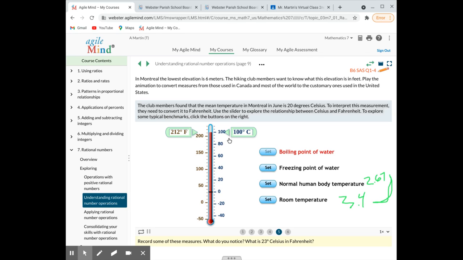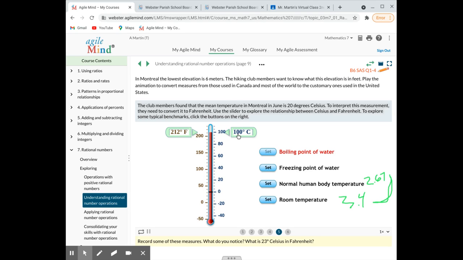So if that was the case, we would have to do 100 times what number? 212. 0 degrees was 32 degrees Fahrenheit.